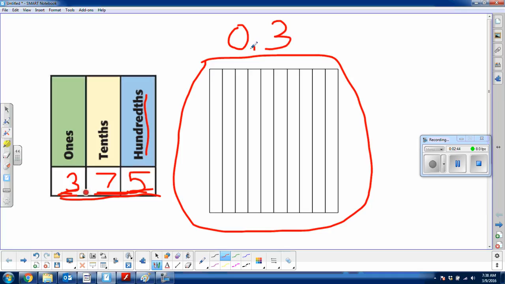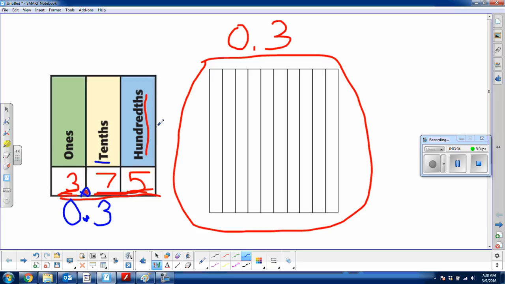If I put this into my place value chart, let me change colors a little bit. If I put this in my place value chart, I would put my 0 right here. Here's my decimal point. Again, notice I have my decimal point right there. And then I put my 3 right here. So I would say that I have 3 tenths.